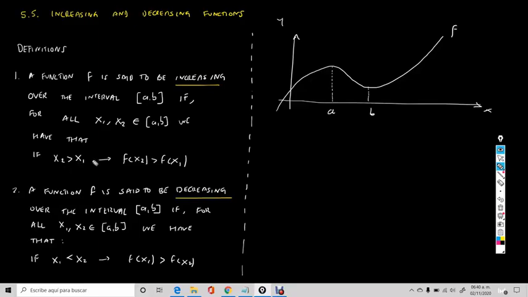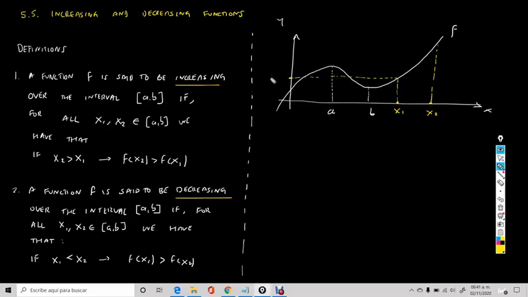And what does this mean? It means the following. For example, if you choose an increasing interval from here, for example, this one, what you can find is this. If you choose any 2 points in here over this interval, and you label them x1 and x2 or whatever other thing, it doesn't matter, and then you locate their corresponding values of the function, which would be obtained in this way.